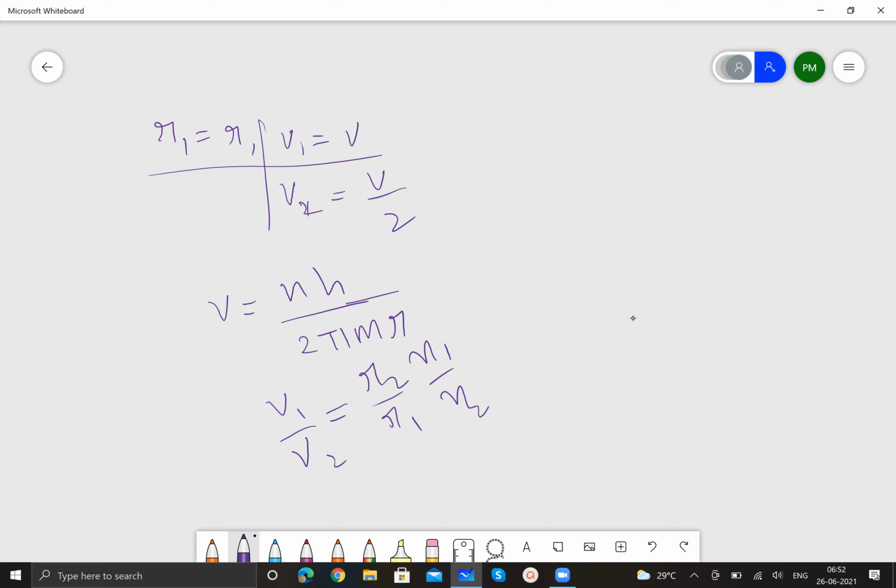Plus another relation to be used in this is R varies directly as N square. Therefore, R2 is equal to R1 into N2 by N1 whole square. Now, relate both and get the relation between V and R.